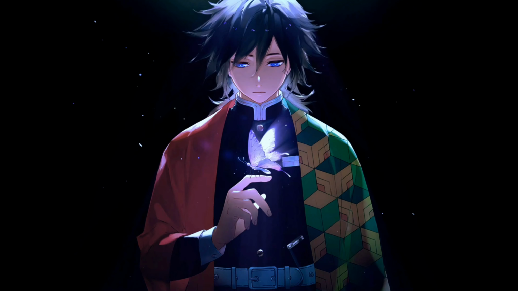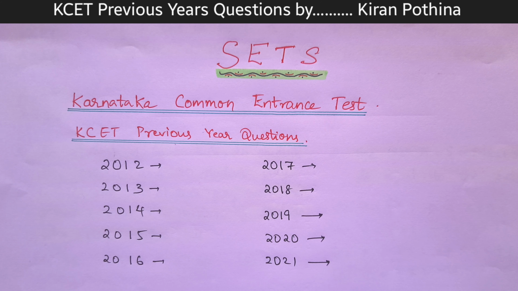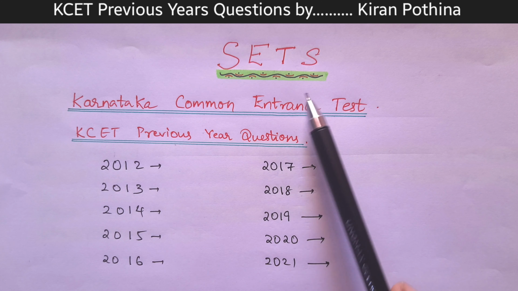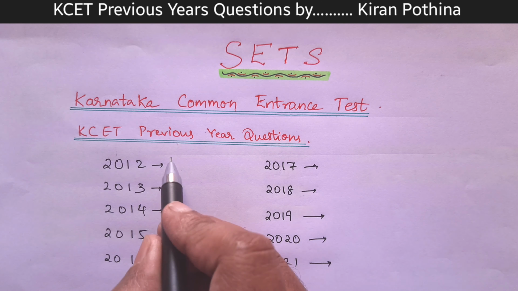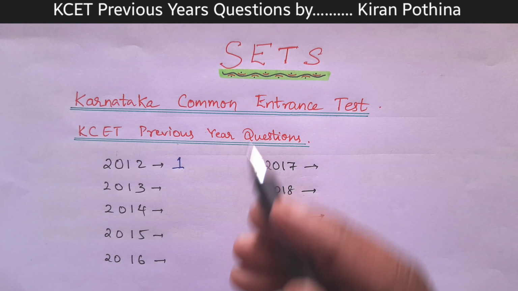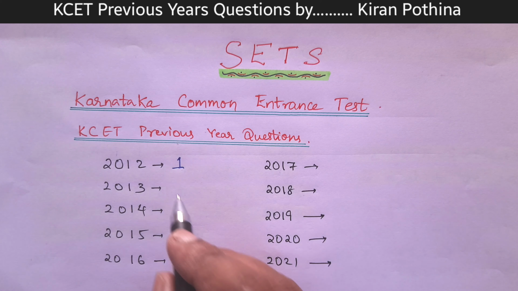Now, hello students, in this video you will come to know the number of questions each and every year from sets in KCET. Like in 2012, you got one question in KCET from sets, and in 2013 there is no question.